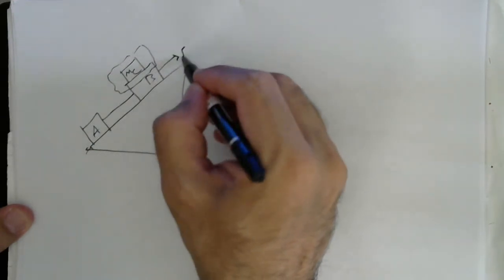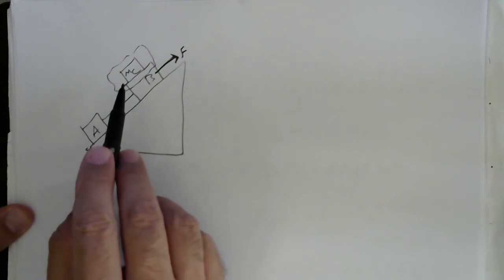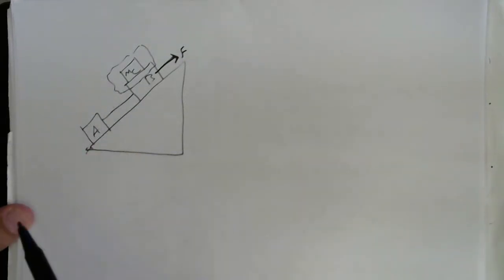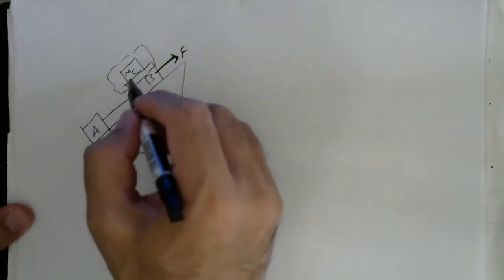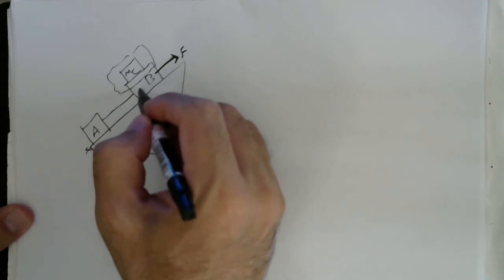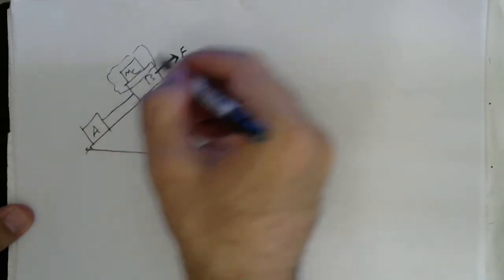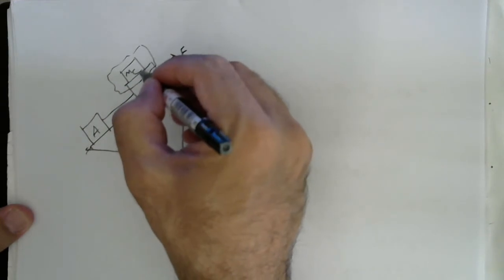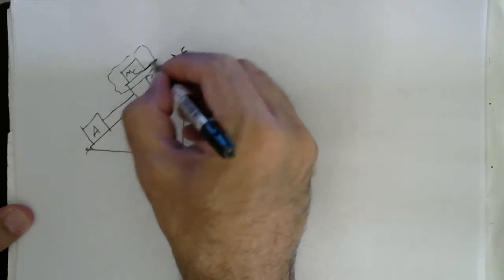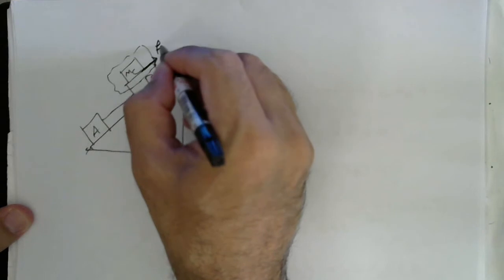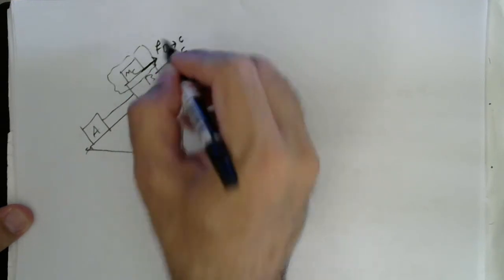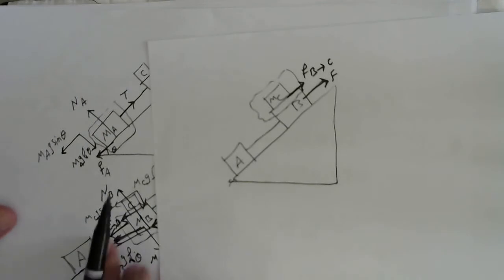F is acting on B, but because the system is C, that is not a force acting on the system. The force acting on the system is the friction between C and B. So B is moving up, and it wants to pull the mass C with itself. So there is a frictional force F_B to C, which is the same as the F_C to B in the previous example.